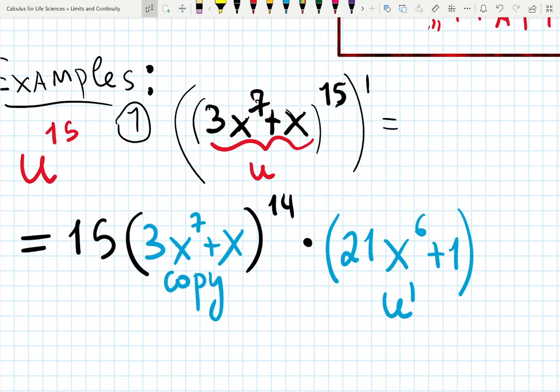Yes? If the one exponent was like a 2, what would you do on the very outside? Oh, it's prime. Yes, thank you for pointing this out. Let's not mix this up. This is derivative. That's the derivative sign.